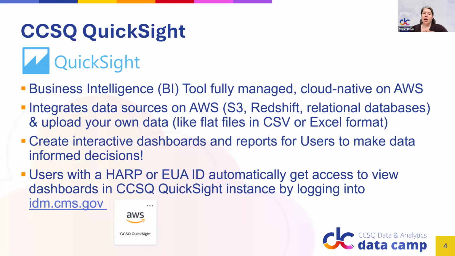QuickSight access is all integrated with HARP, so you can either use your HARP or EUAID. You automatically get access without requesting a role to CCSQ QuickSight, and you can log in to idm.cms.gov, click on the CCSQ QuickSight chiclet, and you'll get to see dashboards that others have created and shared with everybody within the CCSQ QuickSight instance.